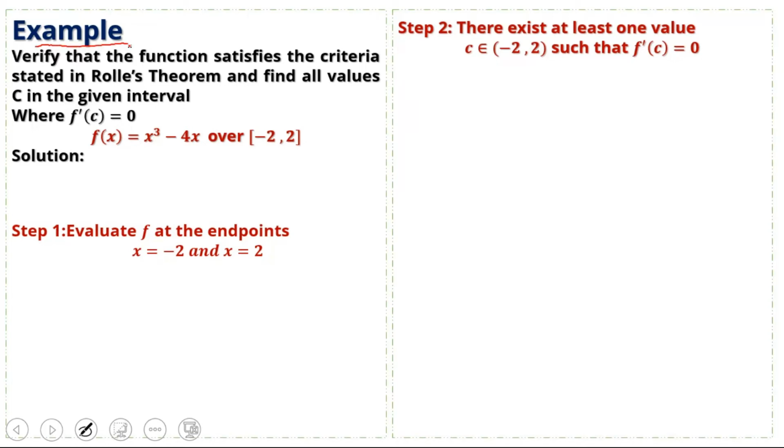Verify that the function satisfies the criteria stated in Rolle's theorem and find all values c in the given interval where the derivative of this function is 0. And what is Rolle's theorem?